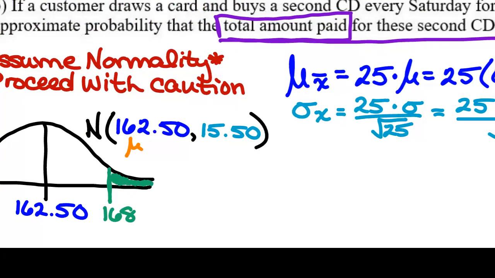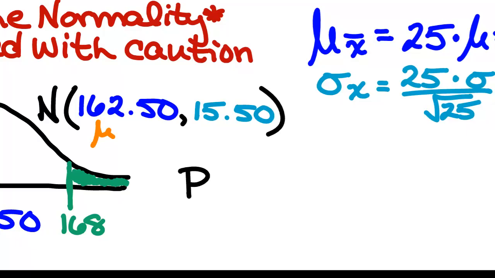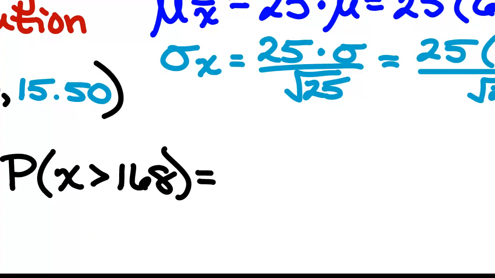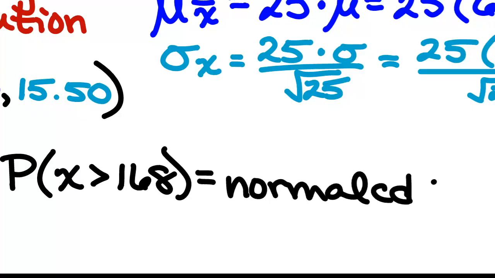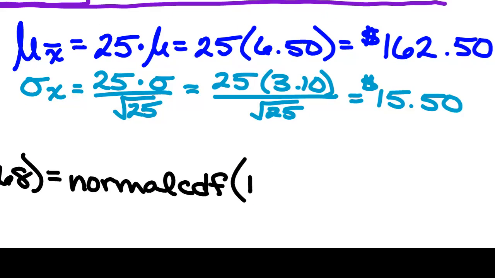And then how will we calculate that probability? Normal CDF, yes. Probability that x is greater than 168 is equal to normal CDF. What's our lower boundary? 168. Upper boundary?